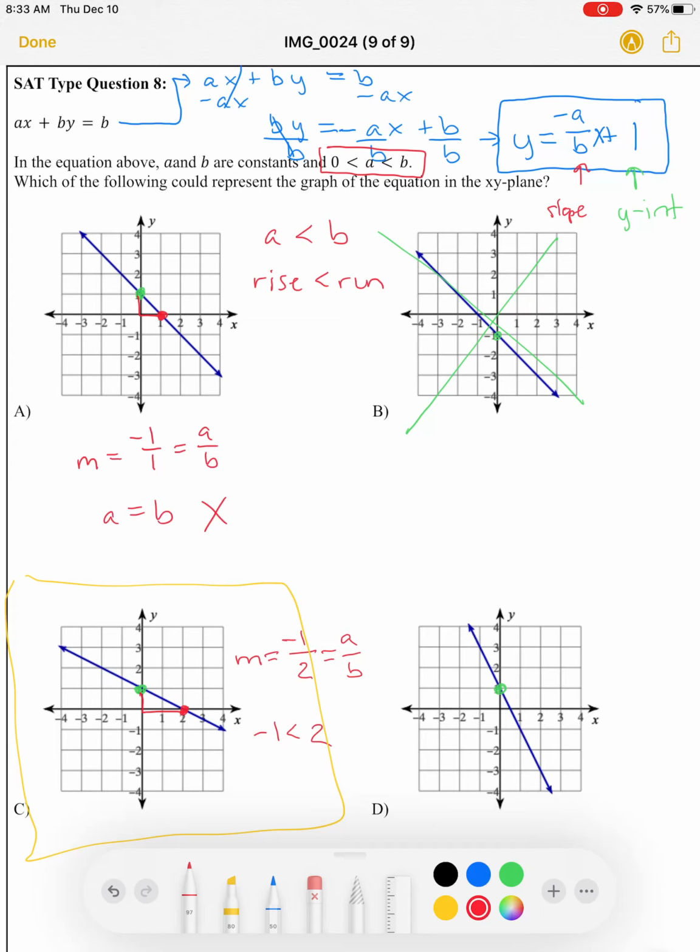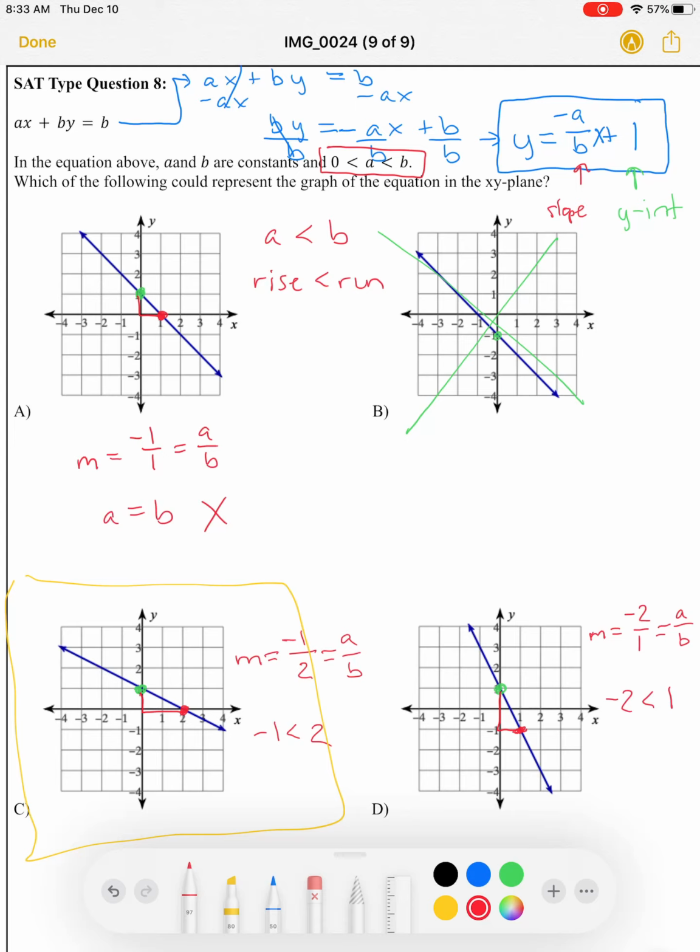Let's just check option D because we always like to check our work. If we pick a second point on option D and we count rise over run, we would have to go down 2 over 1. That's our a and our b value. We would have negative 2 is less than 1. That's not true.